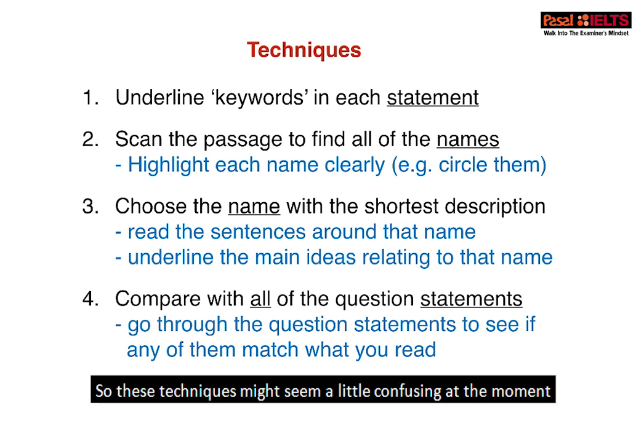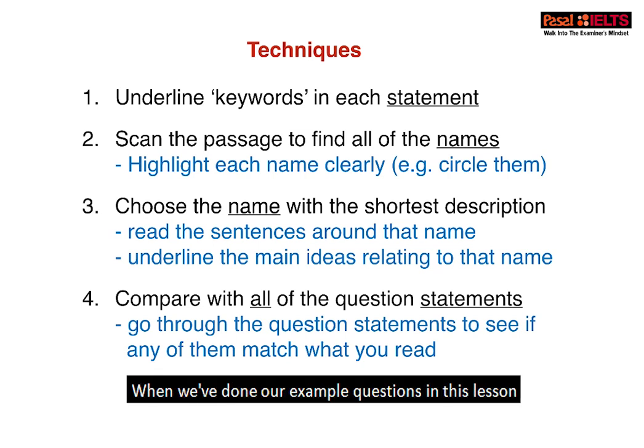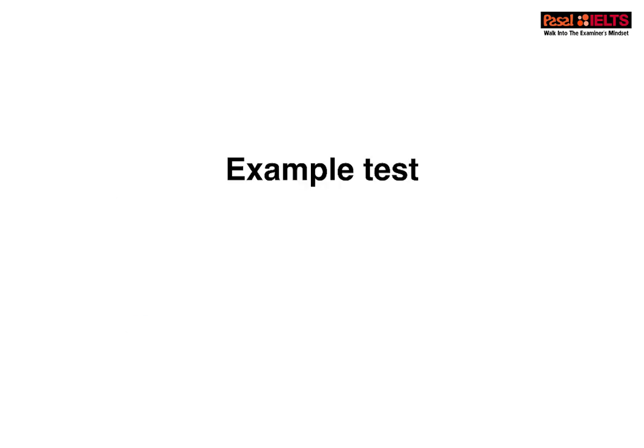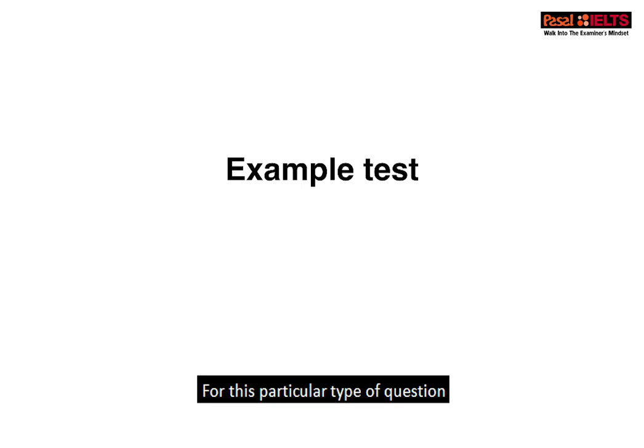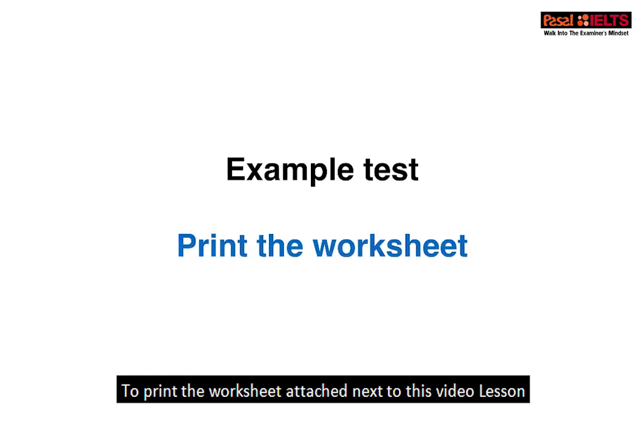So these techniques might seem a little confusing at the moment, but they should seem a lot clearer when we've done our example questions in this lesson. So we're going to go now to our example test for this particular type of question. If you haven't done so already, now would be a good time to print the worksheet attached next to this video lesson.